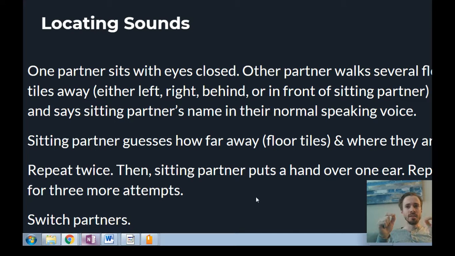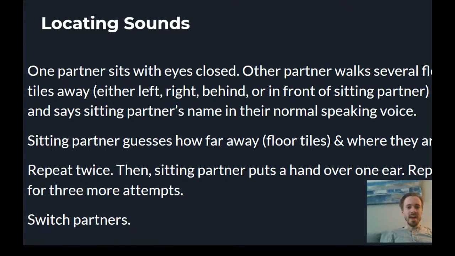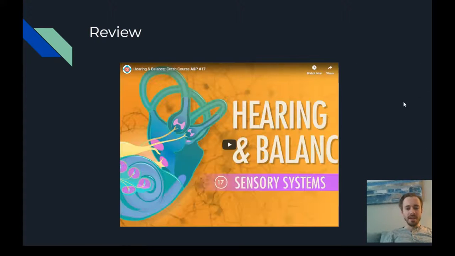It looks for the part of the cochlea that's not being stimulated, the part of the temporal lobe, auditory cortex, that is missing information. So if the sound's coming from behind you, your shadow's kind of on the back of your head, your ears are probably picking it up relatively equally. That tells us it's in front of us. So it translates and figures out where things are. So that is hearing and balance.